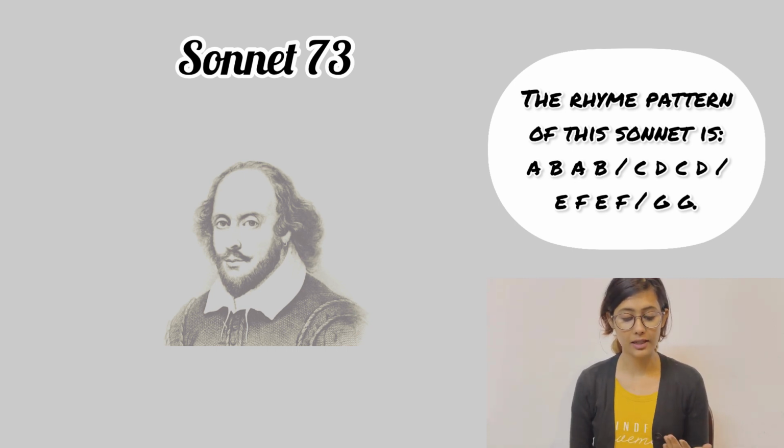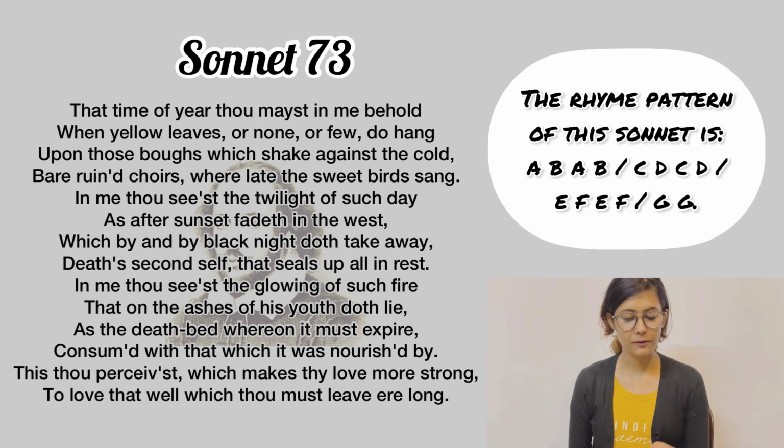Now let's understand how we are doing this rhyme scheme. So the first line ends with behold. The third line ends with cold. So first and the third lines are rhyming, correct? So let's take it as A. The second line ends with hang and the fourth line ends with sang.